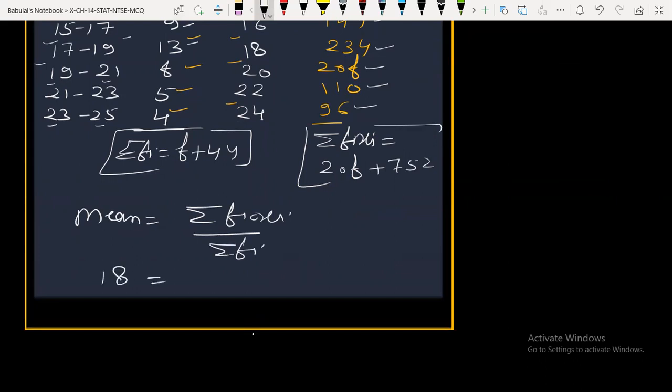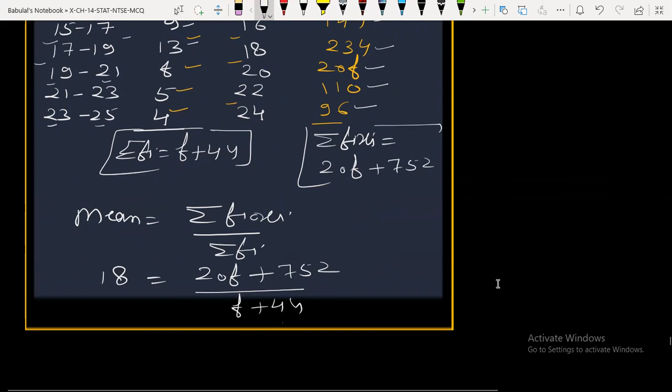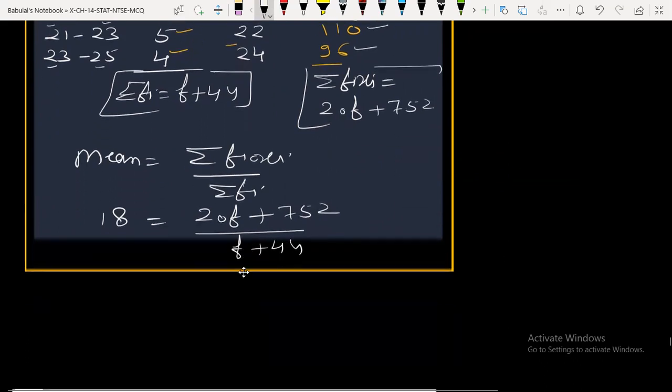Means given 18 is equal to 20f plus 752 upon f plus 44. Using cross multiplication, you can find out the value of f.